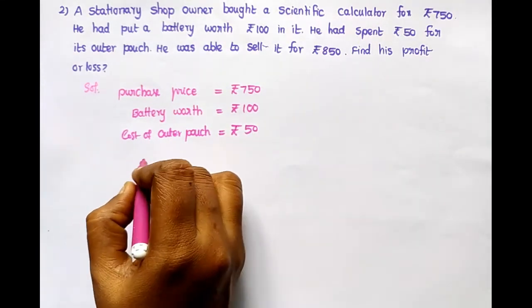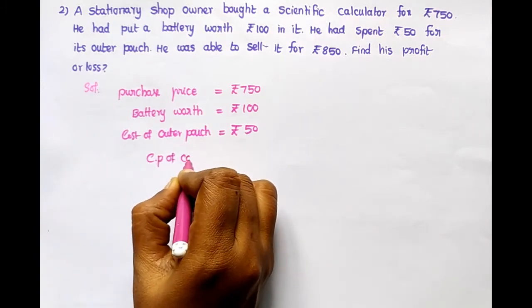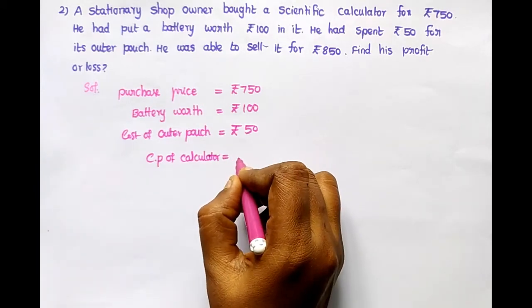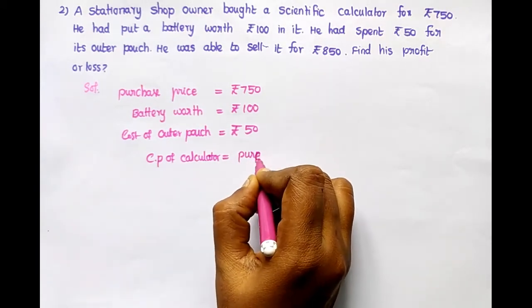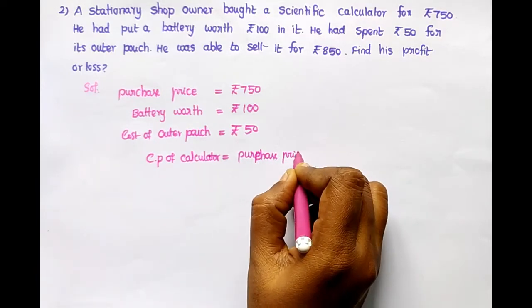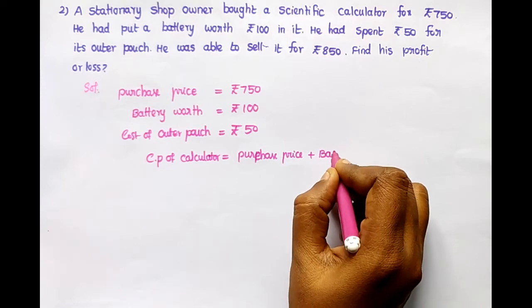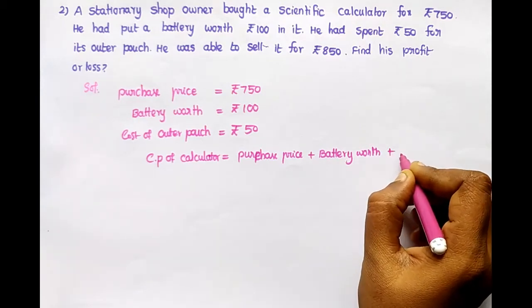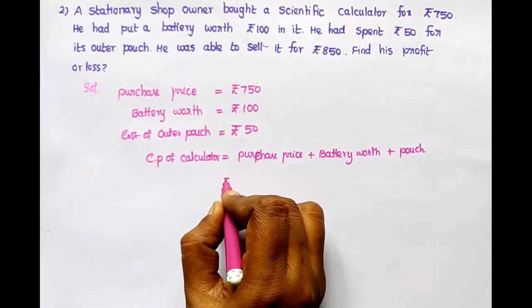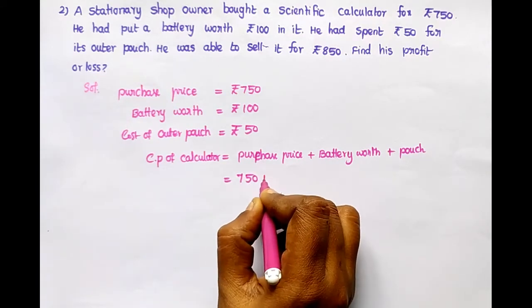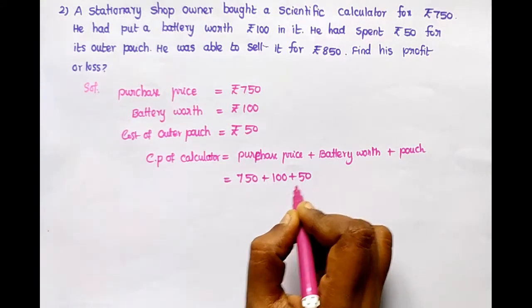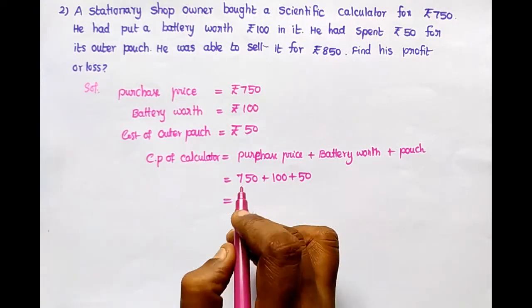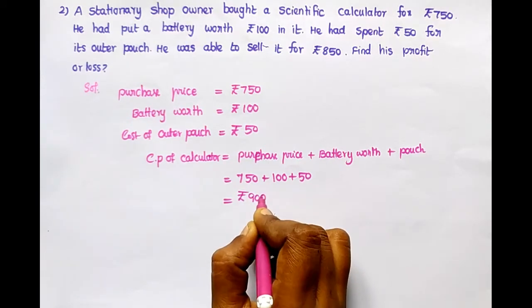So the cost price of the calculator is the purchase price plus battery plus overhead expenses, right? Battery worth plus pouch. 750 plus 100 plus 50. 750 plus 50, 800 plus 100, 900. So the total cost price is 900.